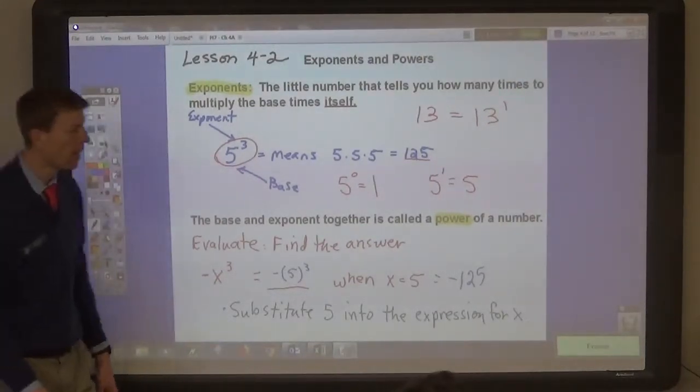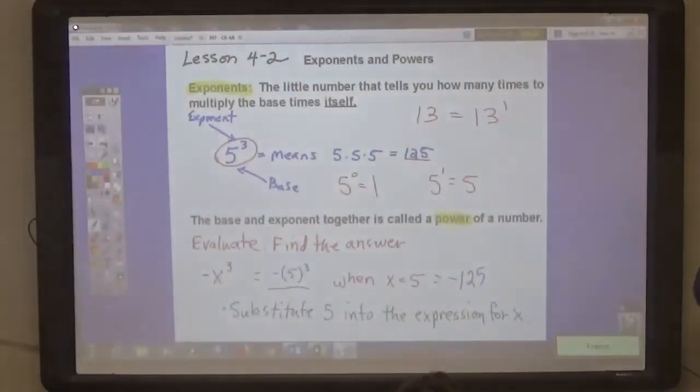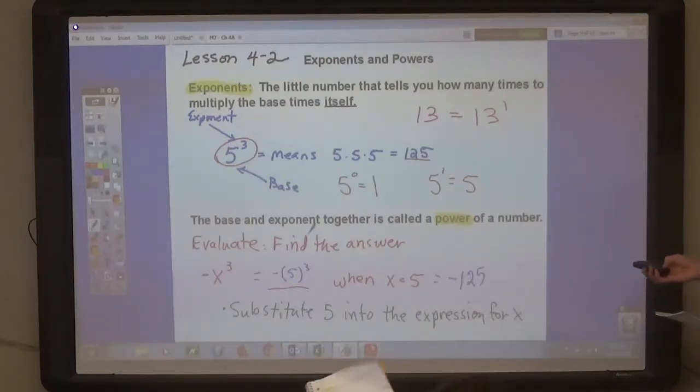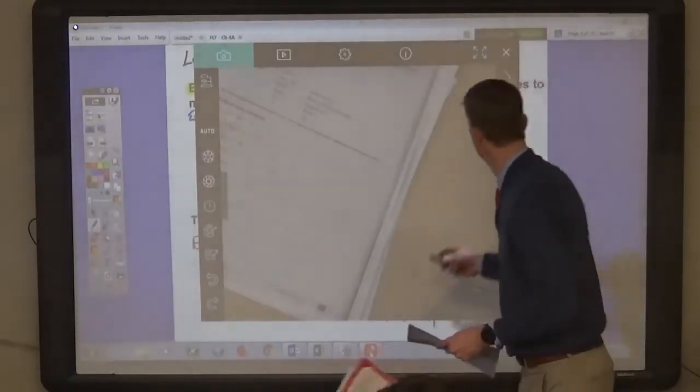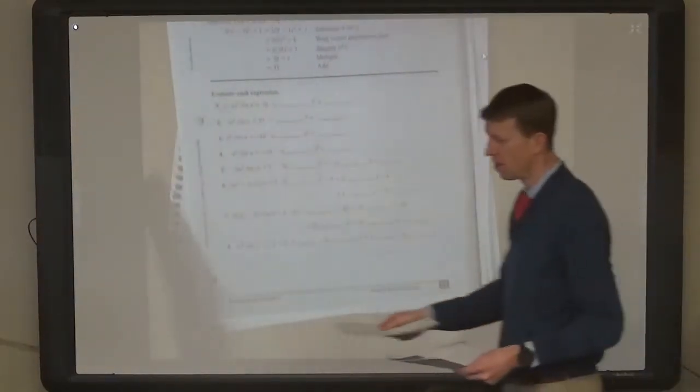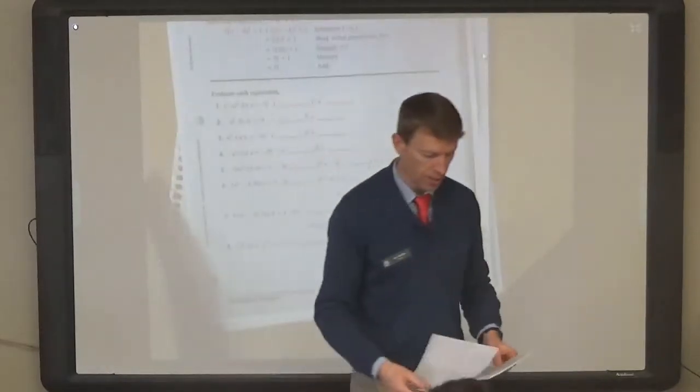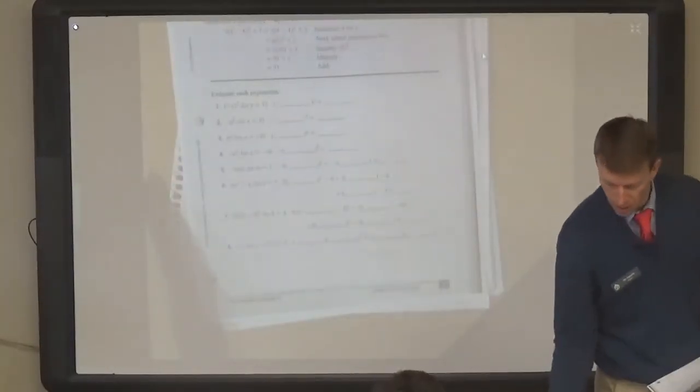Okay? We're going to practice that today with this worksheet. I'll show you what we're doing here. Now, what you're going to look for when you're doing this is the parentheses with powers.